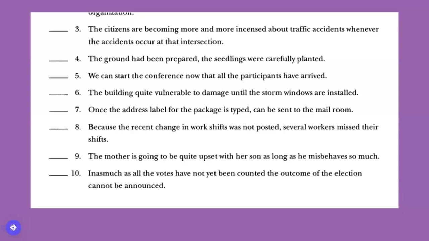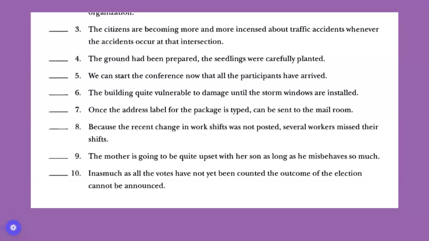Noemi Ochoa. Could you read number 4 and tell us if you think the sentence is correct or incorrect? The ground had been prepared, the seedlings were carefully planted. Incorrect. Why?